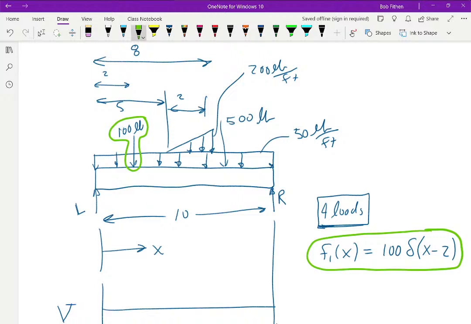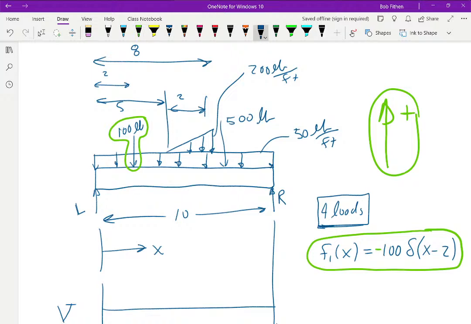Okay. So actually, that needs to have a minus sign in it because this is going to be the plus direction.